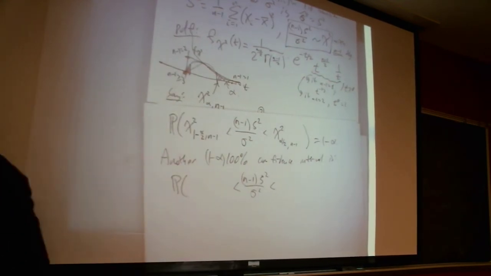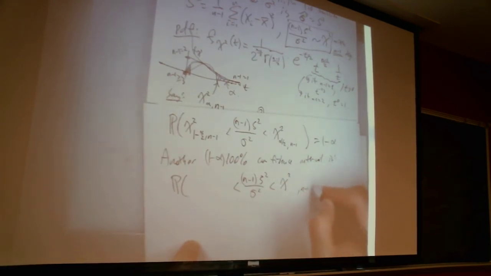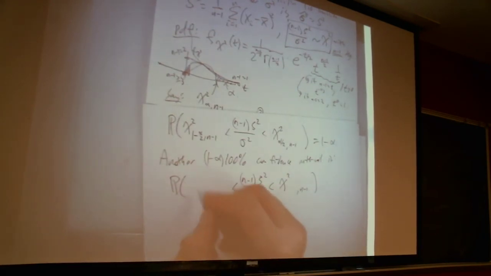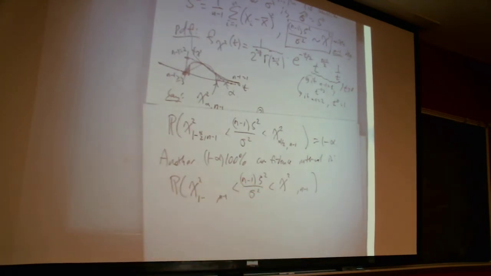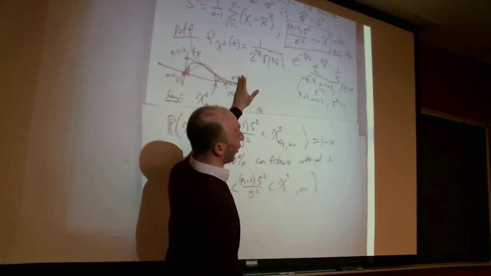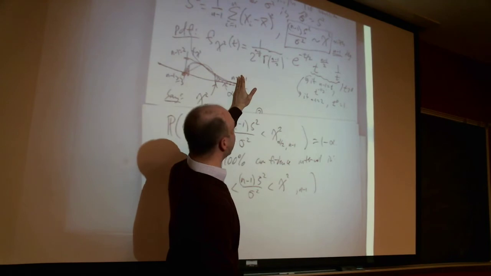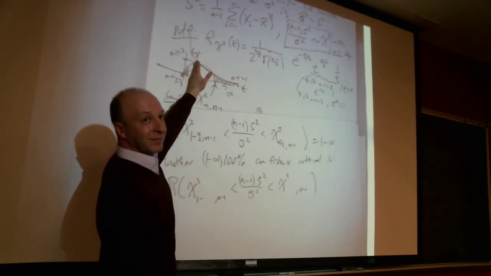But let's just see. Another confidence interval is if I'm much more concerned about the top than the bottom, then maybe I'll say I want alpha over 4 of the mass to be here, and 3 alpha over 4 of the mass here.